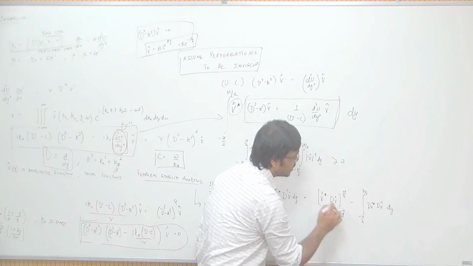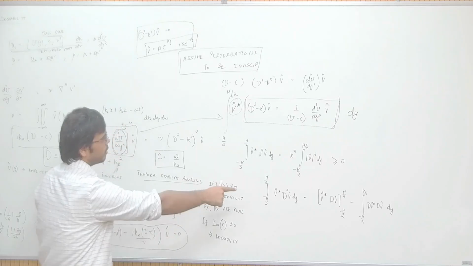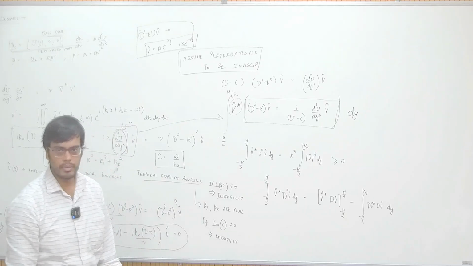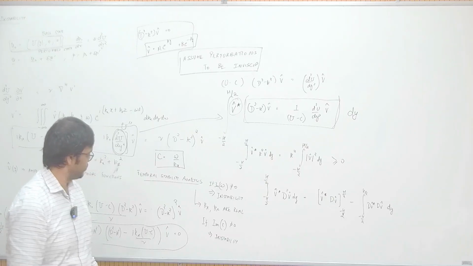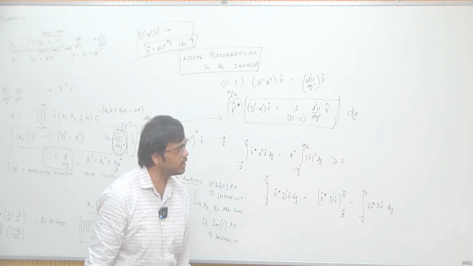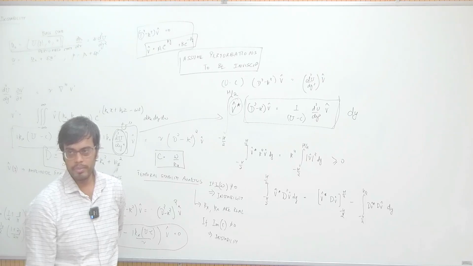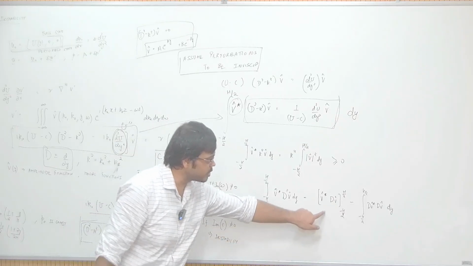Let us say for channel flows, we are doing this for channel flow. What can you say about the term v hat star dv hat from minus h by 2 to h by 2? Channel flow, Couette flow, whichever one. What can you say about this term?